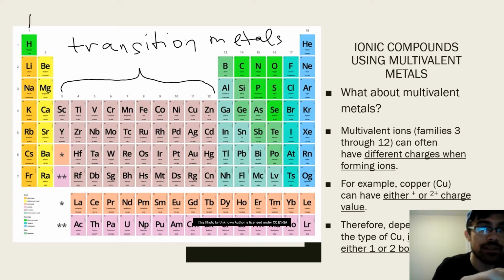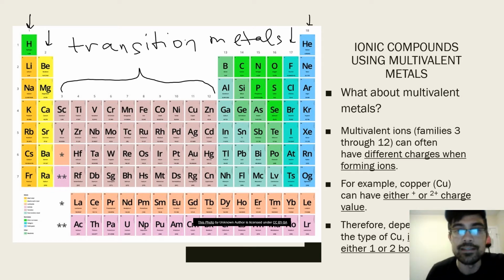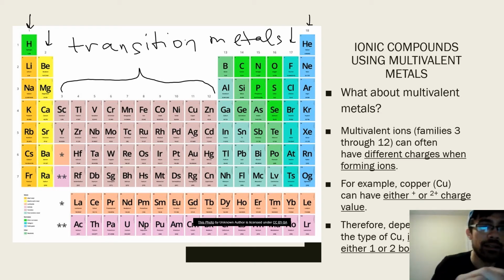Whereas atoms and elements in groups 1, 2, and 15 to 18, 17, and all that on this side, they generally were pretty consistent. So everything in this first column here would have a charge of +1. Okay, everything in this column would have a charge of +2.